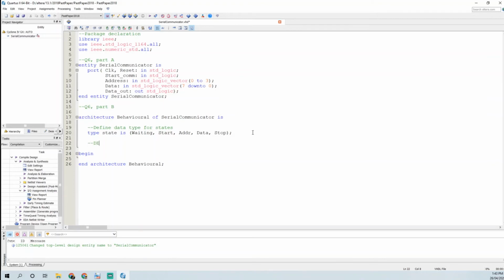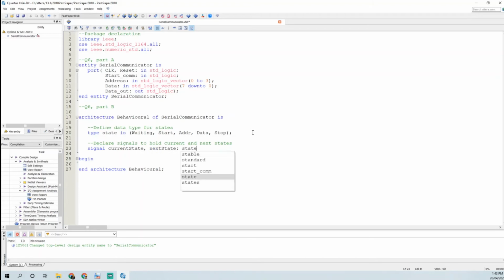Next thing I would like to do was to declare signals to hold current and next states. These are of type state, a type which was defined above.